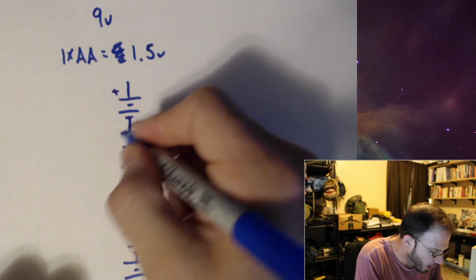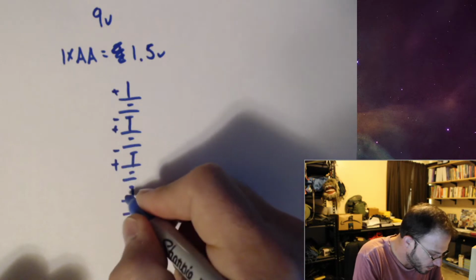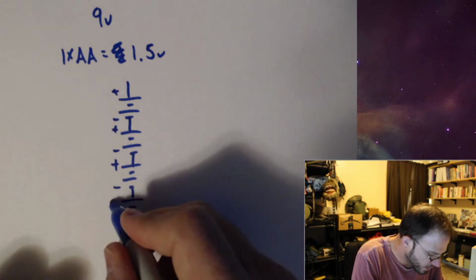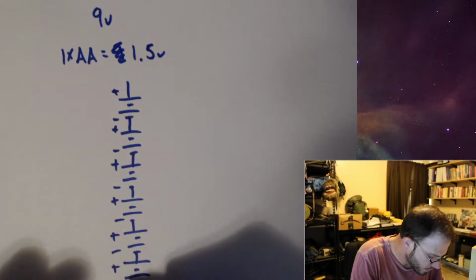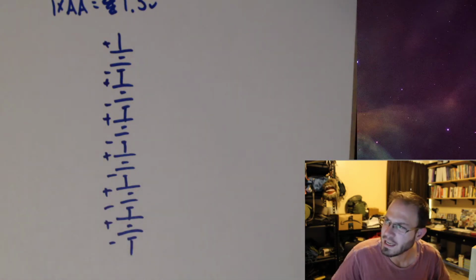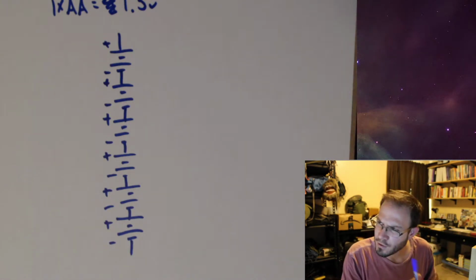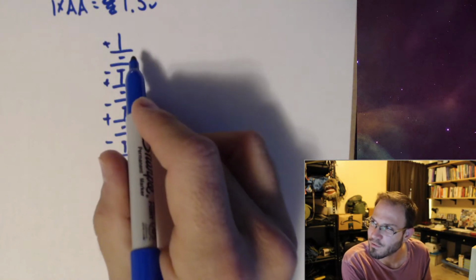Okay, and I have all of their polarities such that the positives are all attached to the minuses. Okay, and you might go, well, this looks ridiculous on a schematic. And I would agree. So they use a shorthand for these voltage sources.